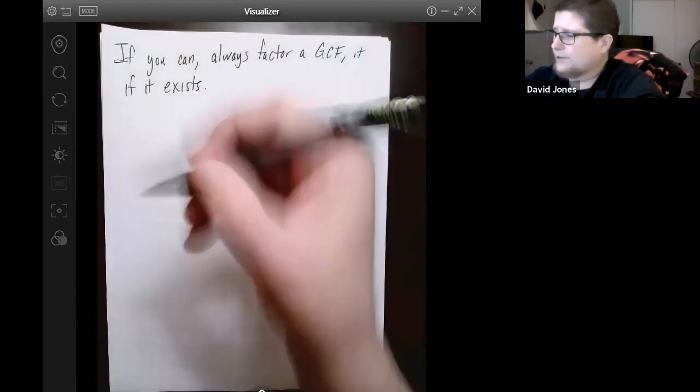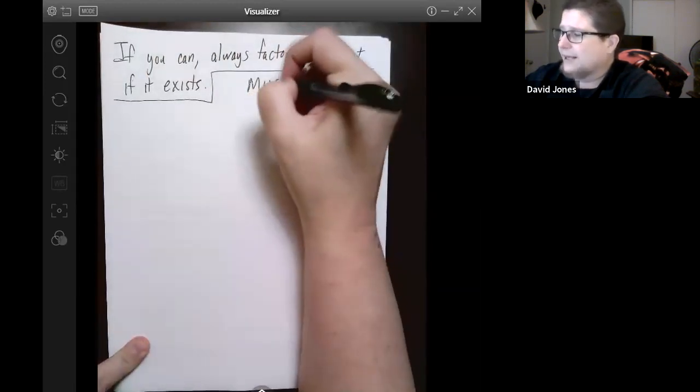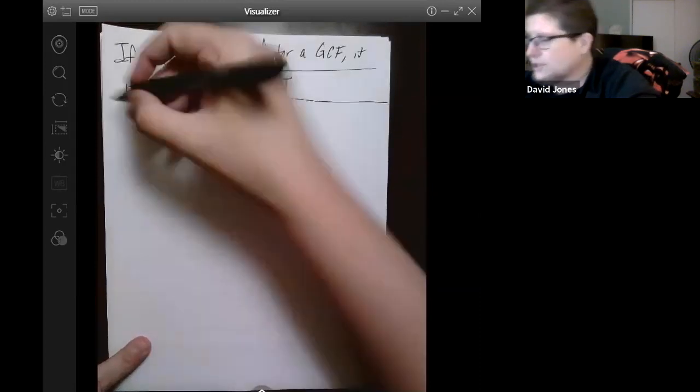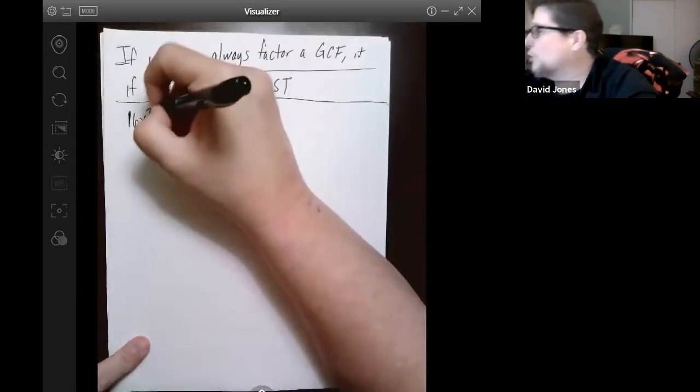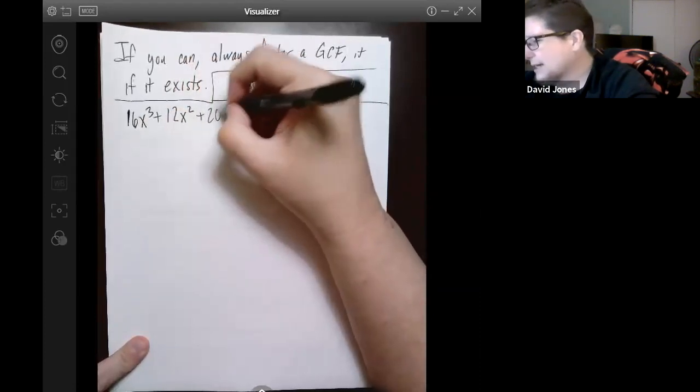For example, let's do just a quick example. This is a must. If you don't do it, you won't factor it all the way. You're going to get it wrong. So let's try 16x cubed plus 12x squared plus 20x minus 4.